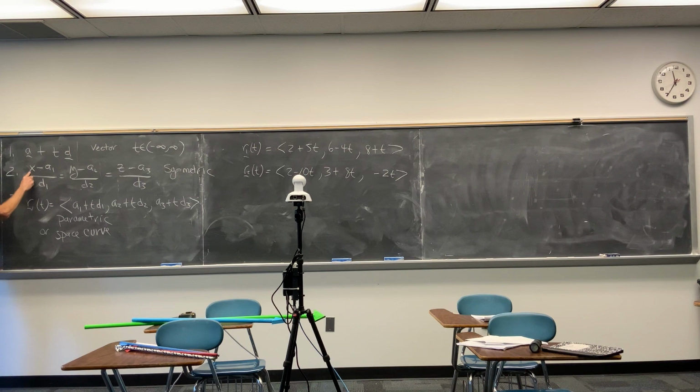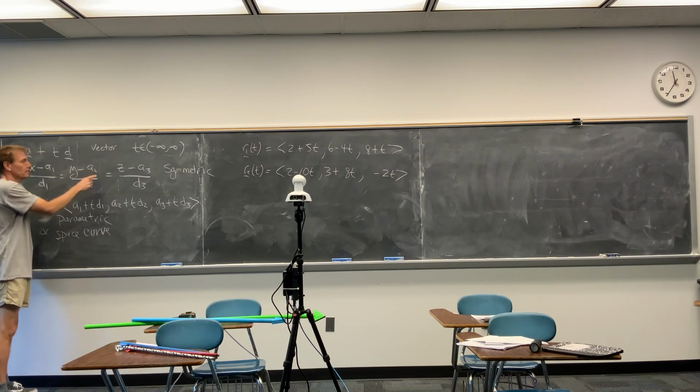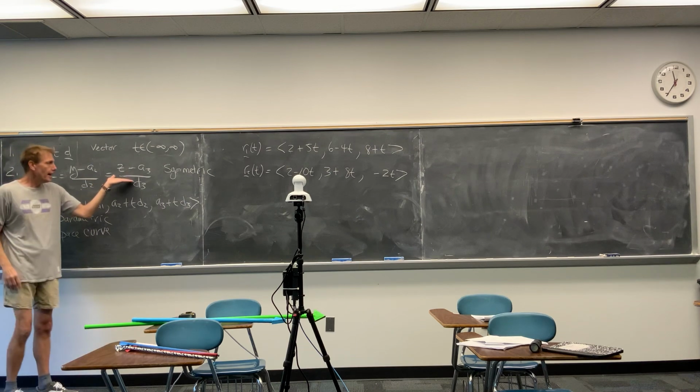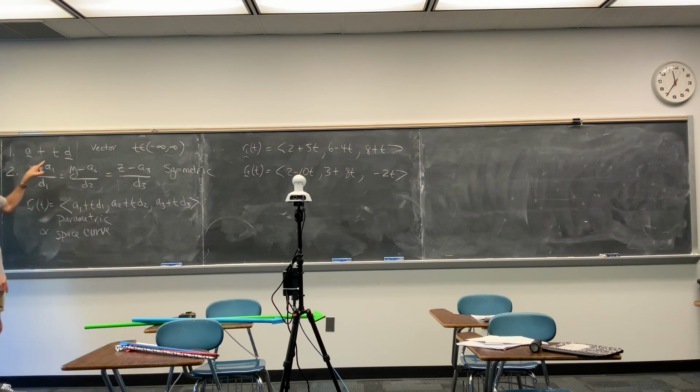It's x minus a1, the first component of your position vector, divided by d1, the first component in your direction vector. Then y minus a2 divided by d2, the second components of your position and direction vectors. And z minus a3 divided by d3, again position vector, direction vector.